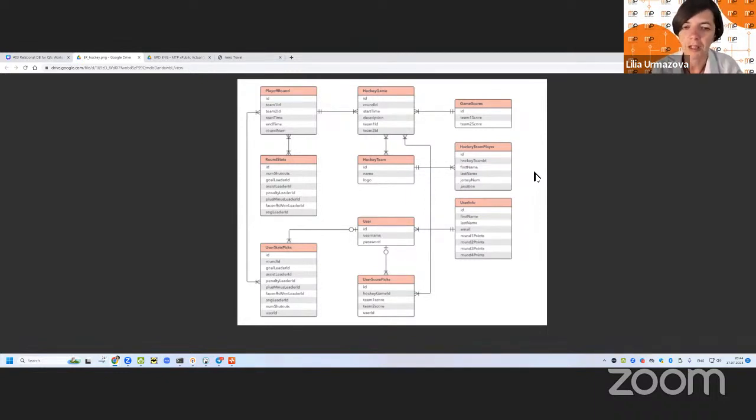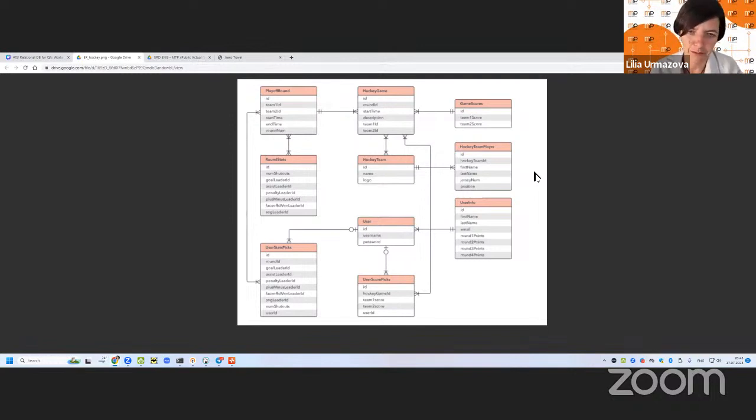Your first task is to understand the structure of the database. What objects do we have in the database? How are these objects related to each other? What relationships do we have? Why so? And maybe something needs more optimization. You, as a tester, can assess the database structure and give some advice. Why not? You are an engineer and you can do it.